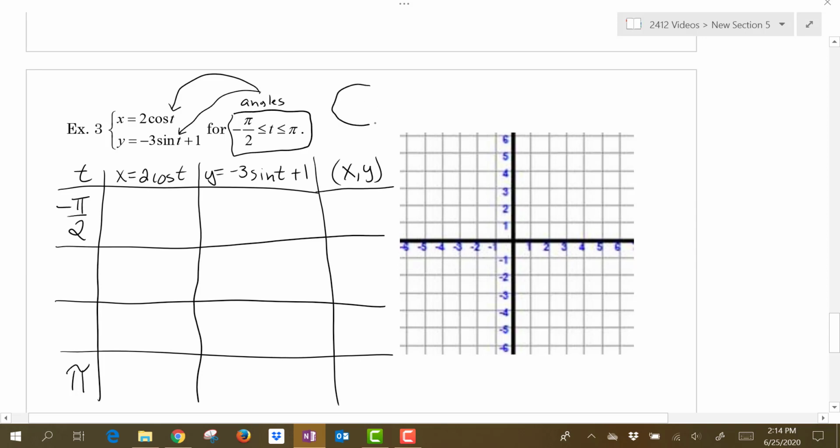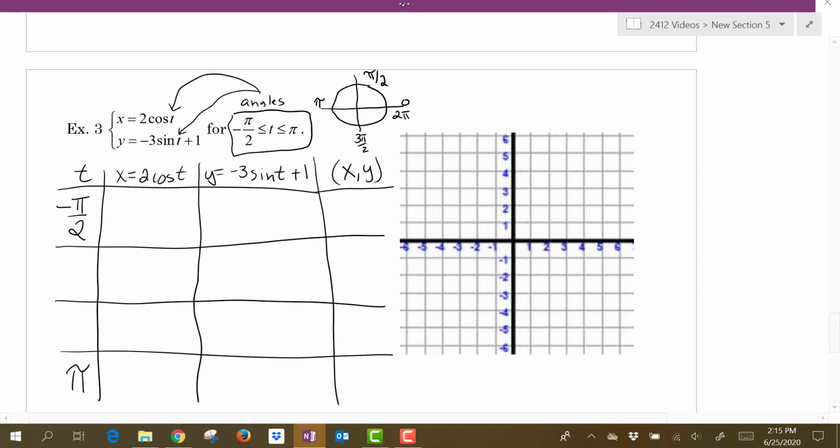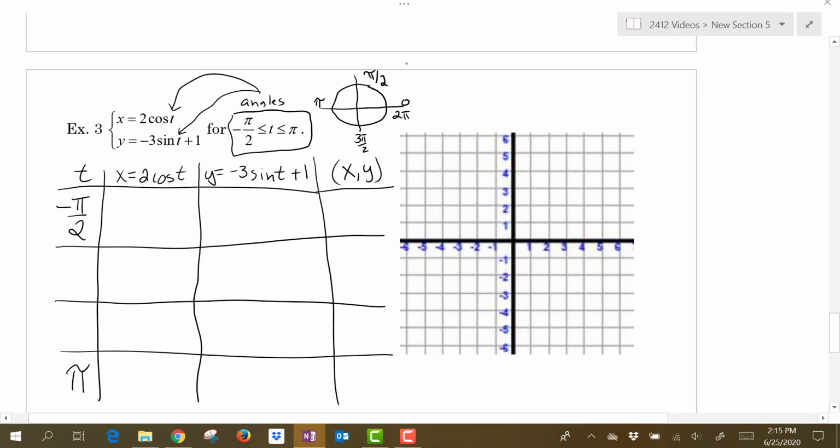But since we're talking about familiar angles from the unit circle, let's draw our unit circle and label the quadrantal angles. So we're starting at negative pi over 2. Now what does that mean?